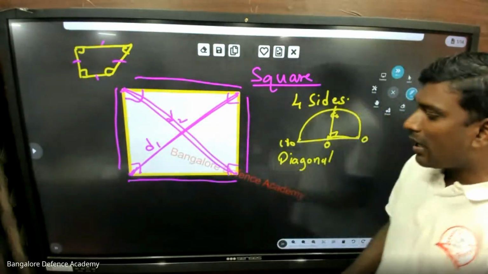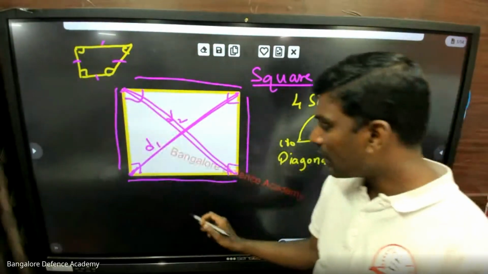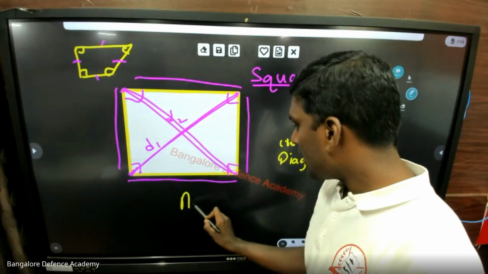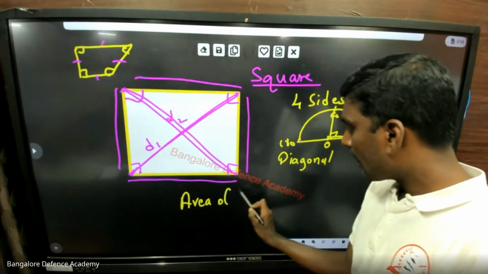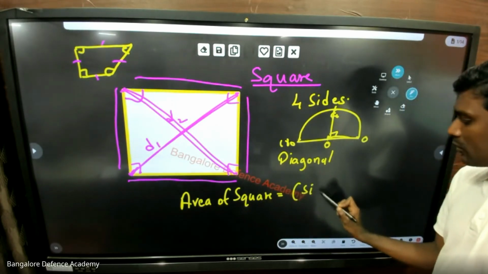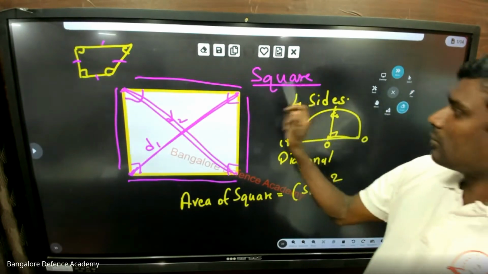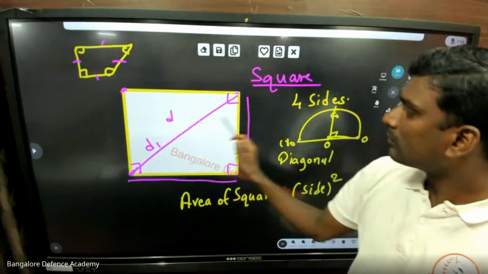Okay, fine. So I told you there will be questions asked on what is the area and what is the perimeter. So write down the formula.